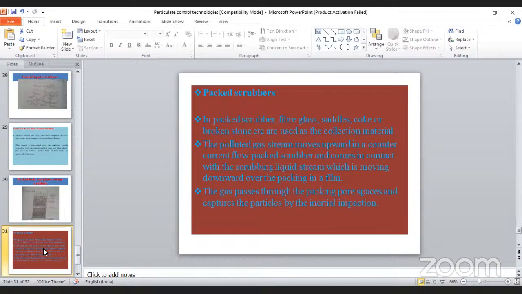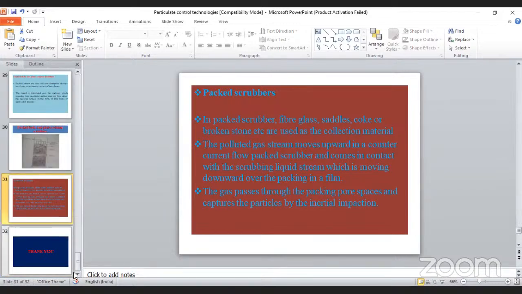Then what will happen? The gas passes through the packing pore spaces and captures the particles by inertial impaction. In a similar way it happens from the water side also. It is observed that smaller packing increases the collection efficiency, but the shape does not affect the collection efficiency.